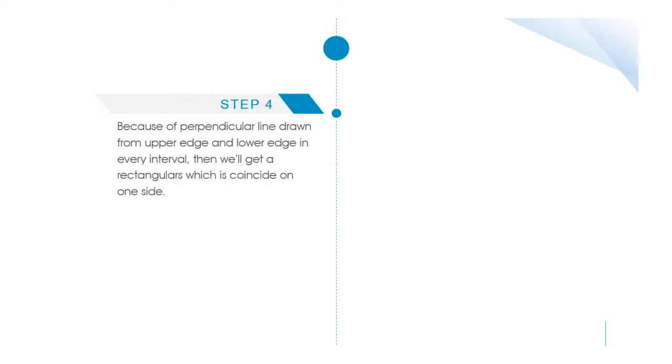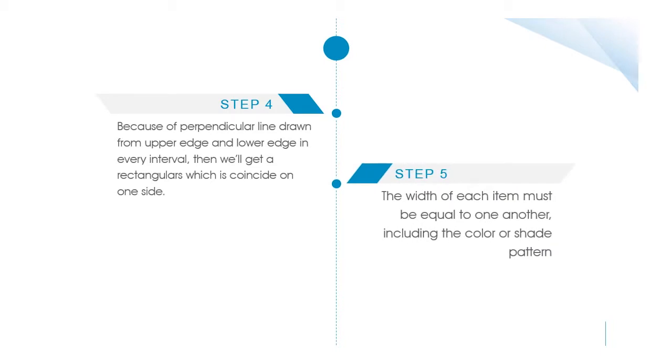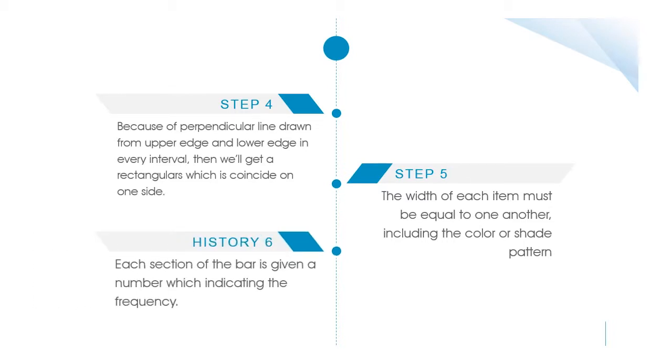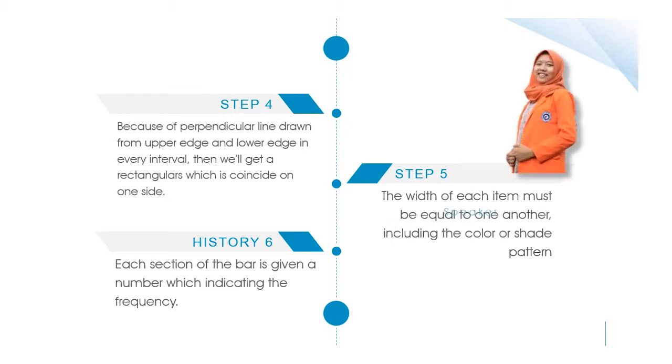The fourth, because of the perpendicular lines drawn from the upper edge and lower edge in every interval, we'll get a rectangle which is concise on one side. Fifth, the width of each bar must be equal to one another, including the color or shade pattern. The last, each section of the bar is given a number which indicates the frequency.